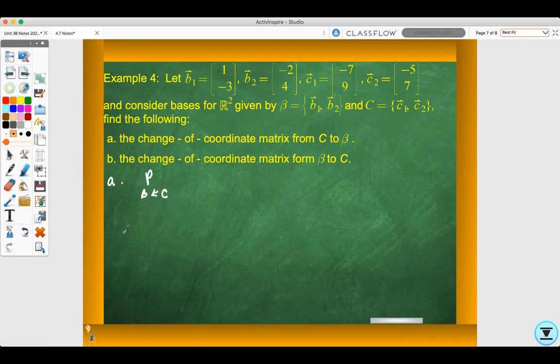So from C to B. To set this up, you'd have B1, B2, C1, C2.